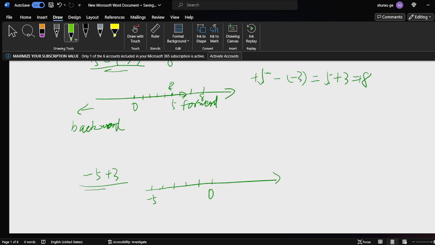Now it's negative, so it's here, this point. At this point, positive means forward. 1, 2, 3.